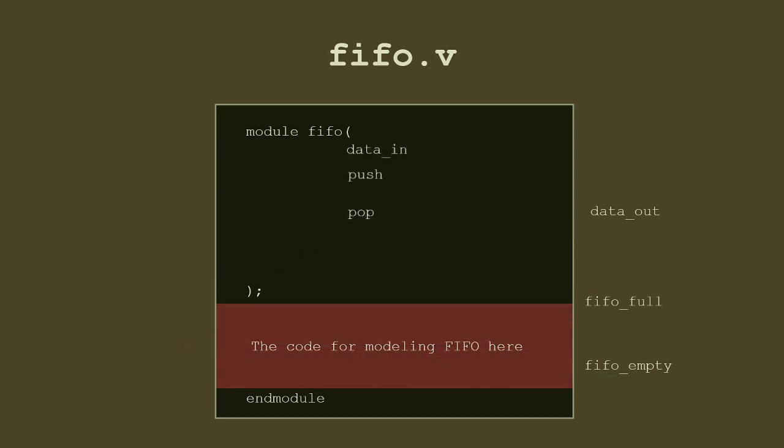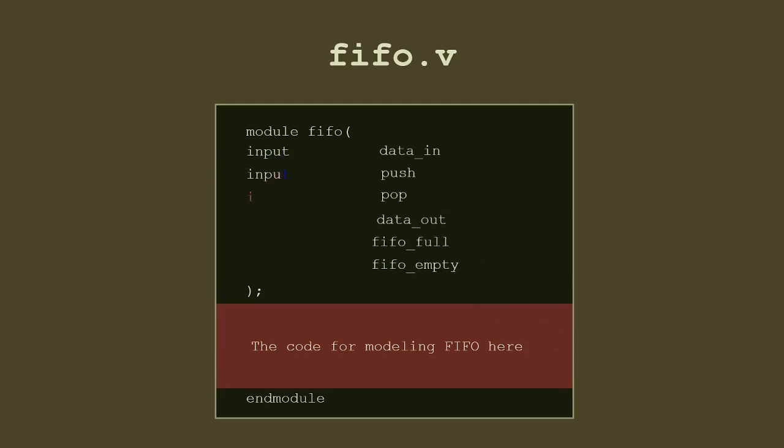So what we do is we just write inputs and outputs. That's the port list. If something is an input, we write input. If something is an output, we write output. And this is a comma separated list, which means that the last item won't have a comma. If something is 1 bit wide, we don't write anything.